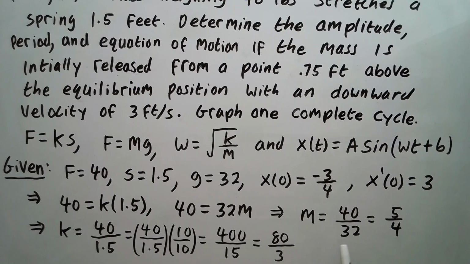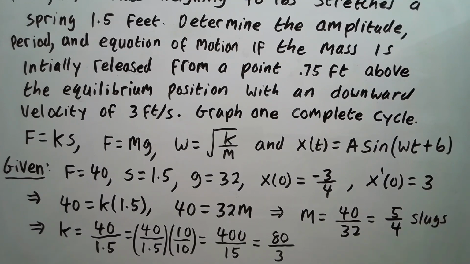And actually, since we're in feet and pounds, the units on this would actually be slugs. If you're in engineering, you'll probably have seen this. Don't worry about the units here.